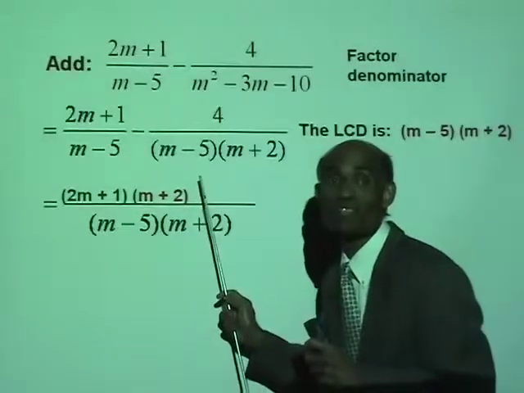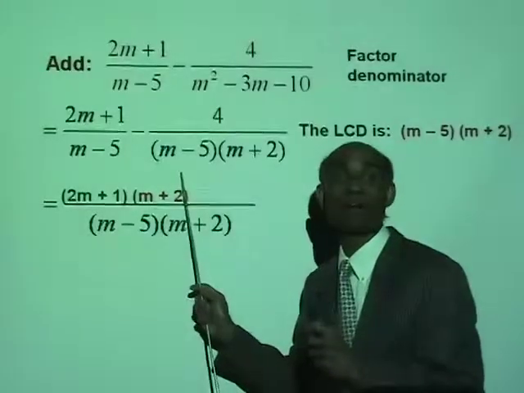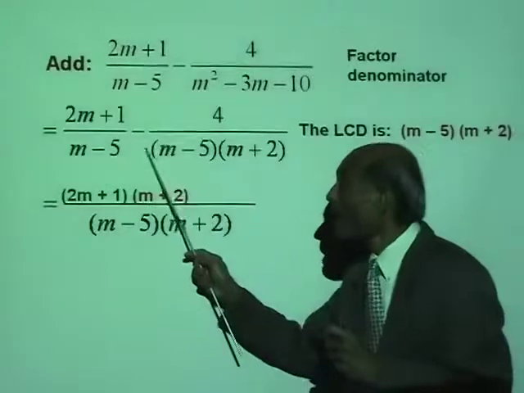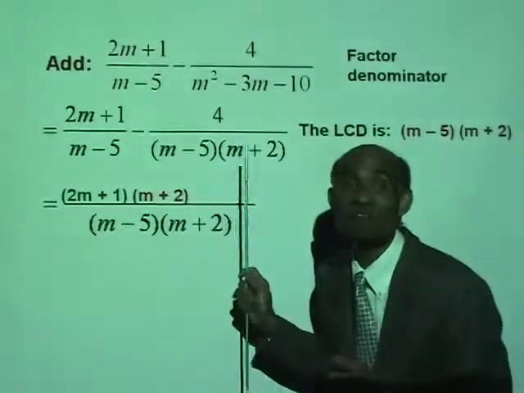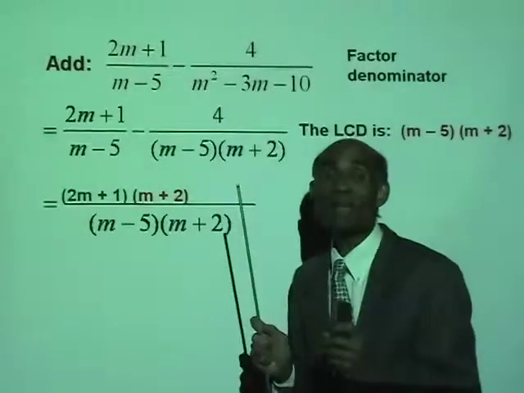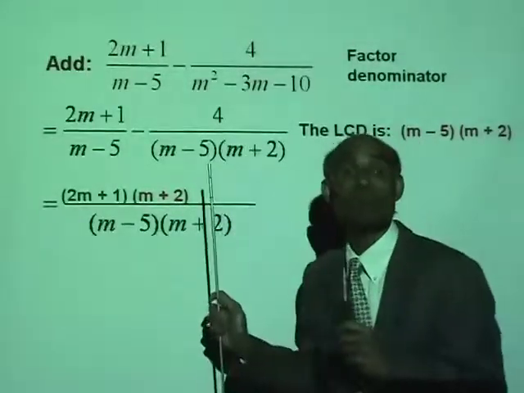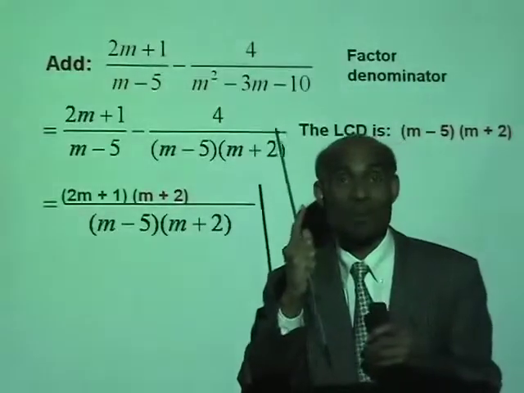Now, but you notice that there are no factors missing in that denominator. Both factors of the LCD are in this denominator. There are no missing factors here. When there are no missing factors, what you will be multiplying with will be a 1. That's right, a 1.